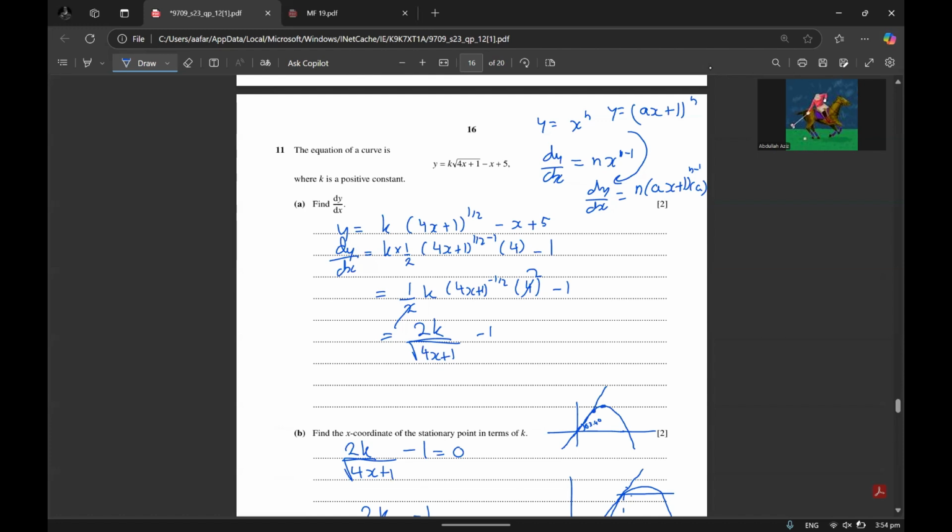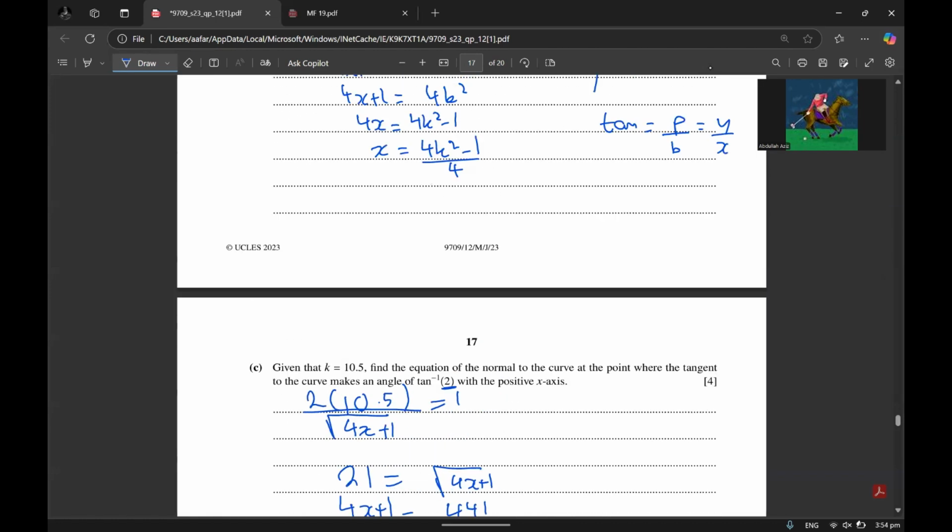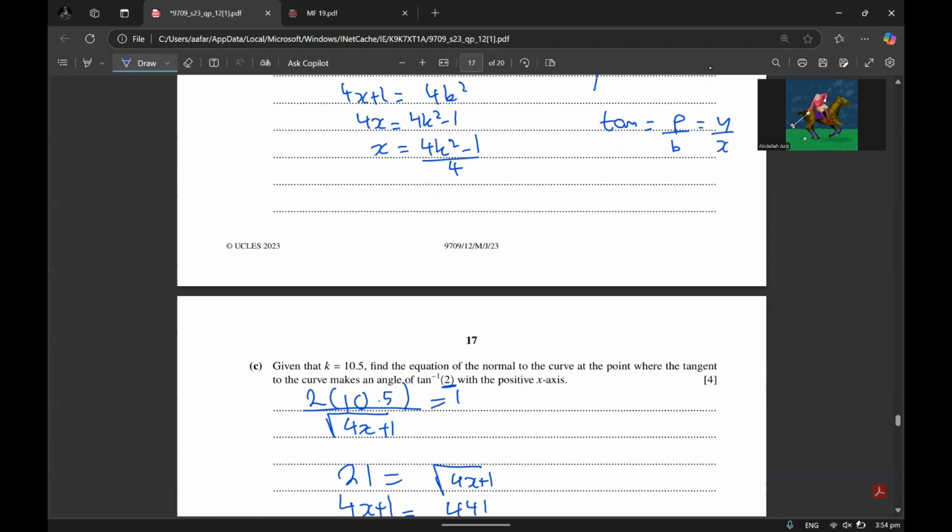Wait a minute. X value, x is not, it's 1 second. We put 4 10.5 square over there.